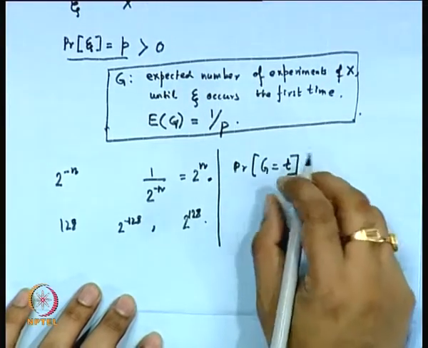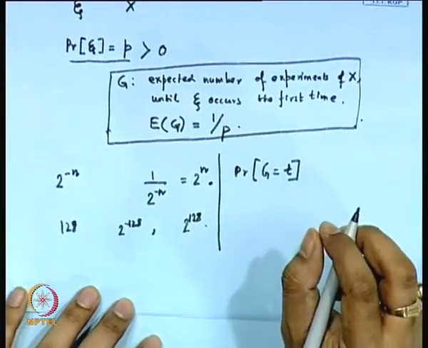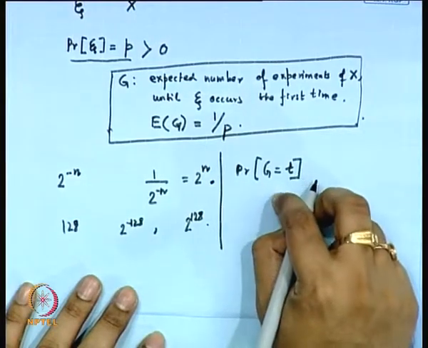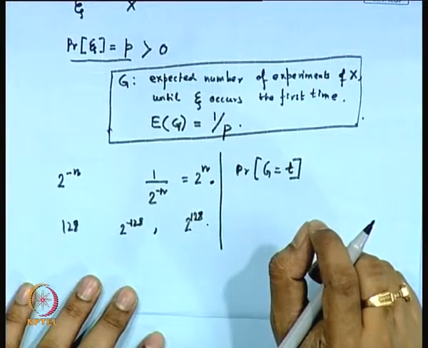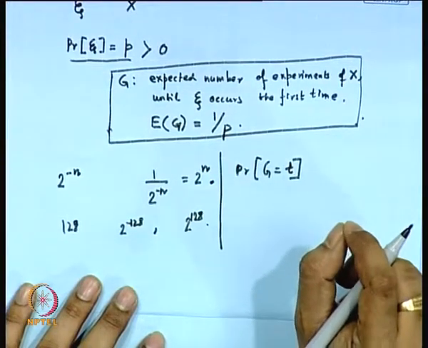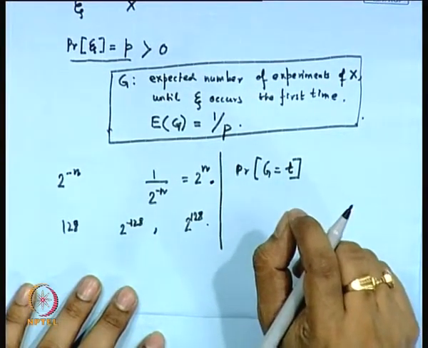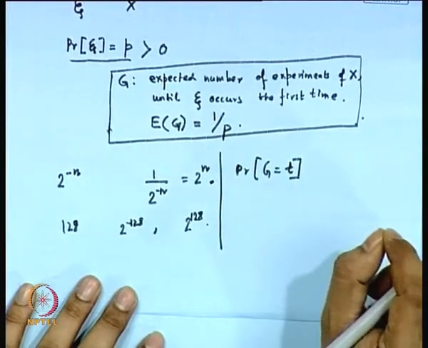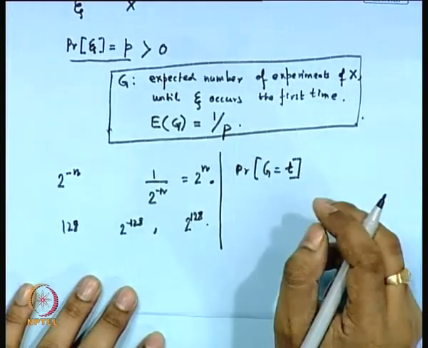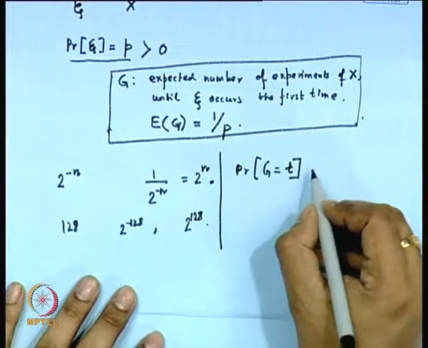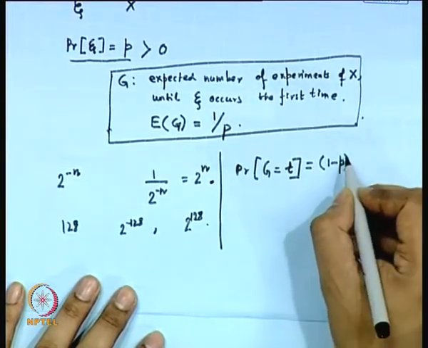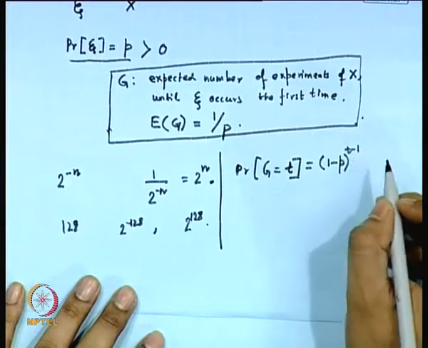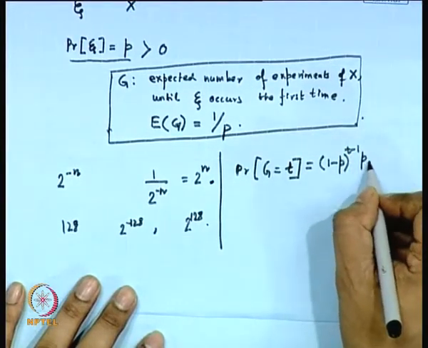G equal to t means that the success occurs at the t-th instance, which means the previous experiments, till t minus 1, were failures. So this probability is (1 minus p) raised to the power of t minus 1, because they were all failures, multiplied by p.